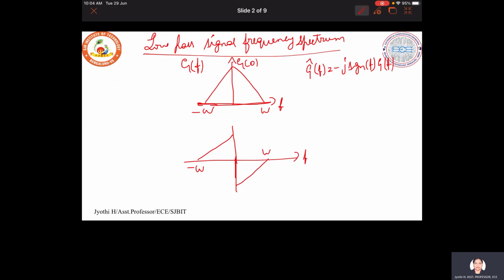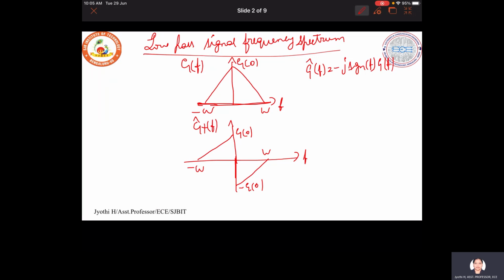So for positive frequency, this is minus G of 0, and for negative frequency, this is G of 0. So this is the response for G cap of F, that is, after taking the Hilbert transform.